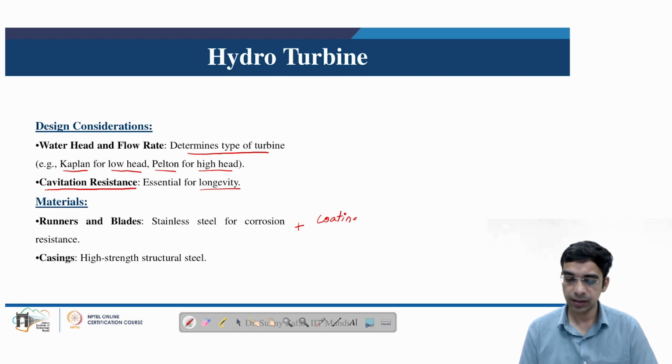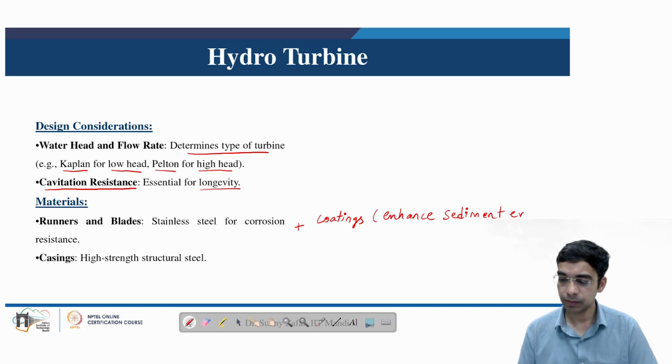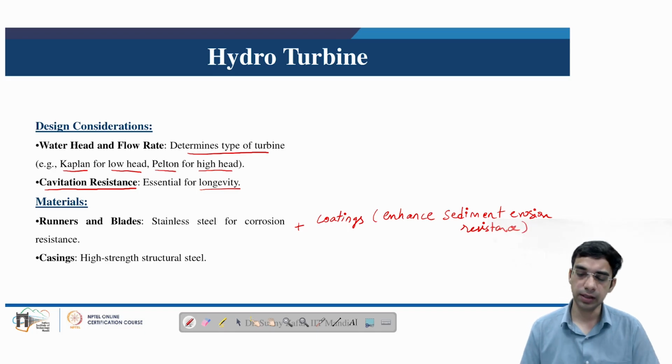These coatings are applied to enhance the sediment erosion resistance, and using various thermal spraying methods, we will discuss in the next part of the course how the sediment erosion resistance is imparted by these coatings. And then the casings of these hydro turbines are made up of high strength structural steel.